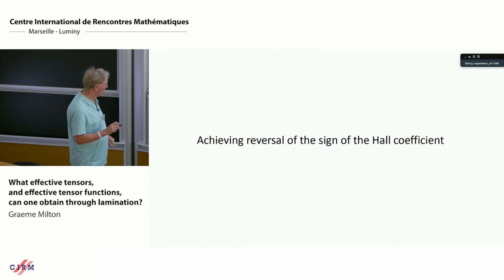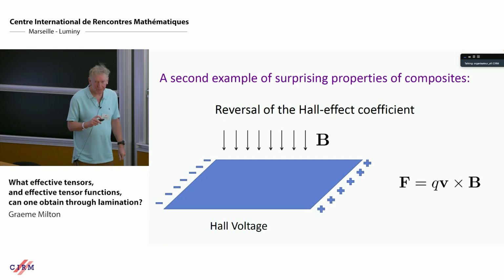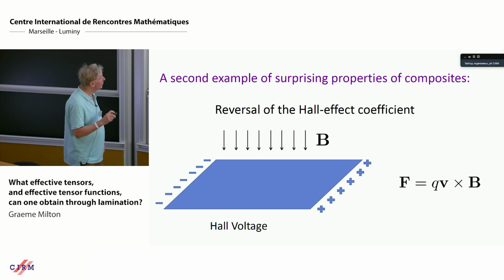So lastly, I wanted to talk about achieving reversal of the sign of the Hall coefficient. What does the Hall coefficient have to do with? That's if you have, say, a conducting plate and you impose a voltage here with a positive sign here and negative sign here, then electrons will flow because of the voltage drop from one side to the other.